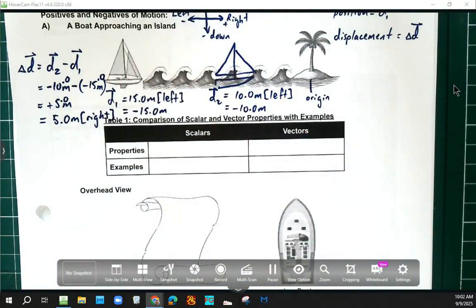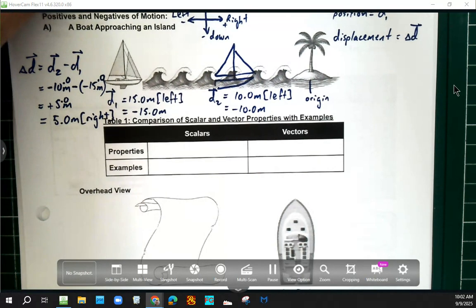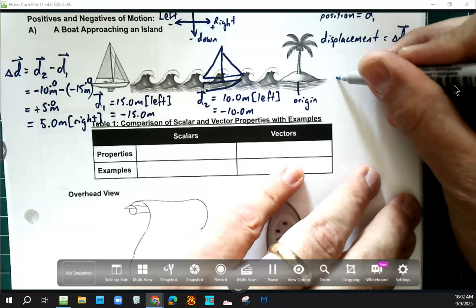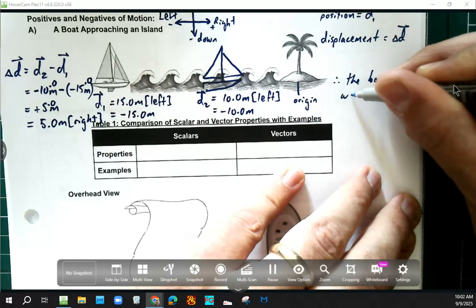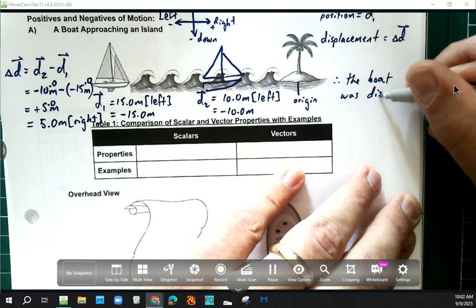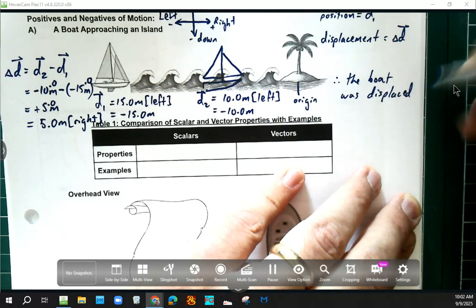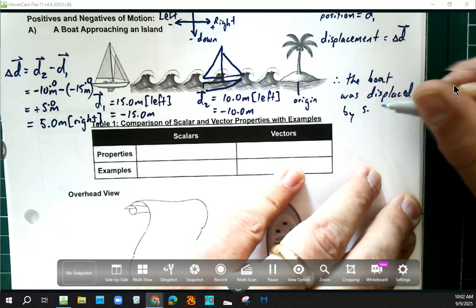And that doesn't shock anybody. This is easy math, but I'm going through the process so we can see how the mechanics of the communication work, right? All right, and then of course we'd say, therefore, the boat was displaced by 5.0 meters.